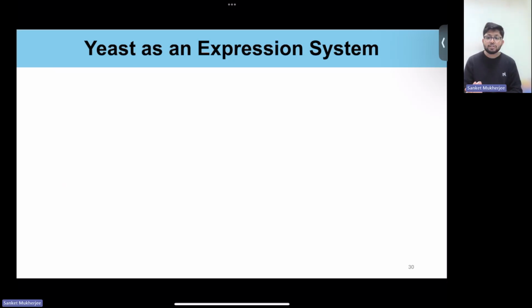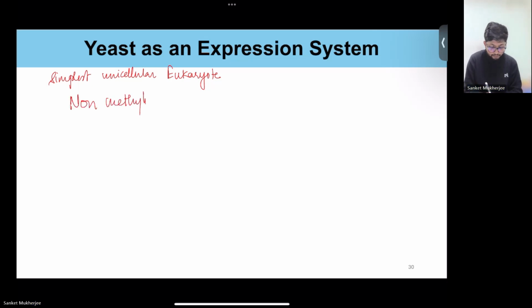Now, yeast can be used as an expression system because it's the simplest unicellular eukaryote, right? Yeast can be of two types. They could be non-methylotrophic yeast.